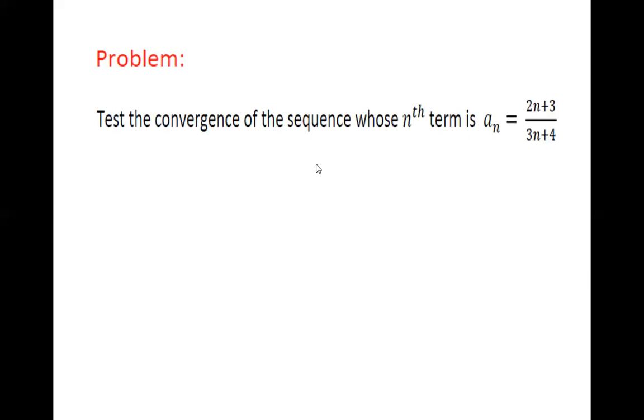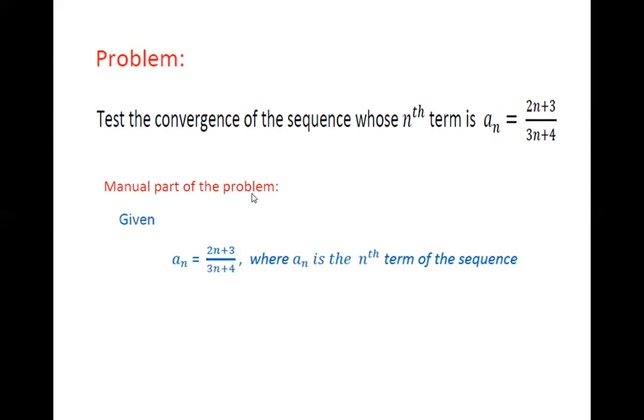Let us now take up a problem. Test the convergence of the sequence whose nth term is a_n equals (2n plus 3) divided by (3n plus 4). Let us discuss the manual part of the problem first. Given a_n as (2n plus 3) divided by (3n plus 4), where a_n is the nth term of the sequence, let us apply the limit on both sides.